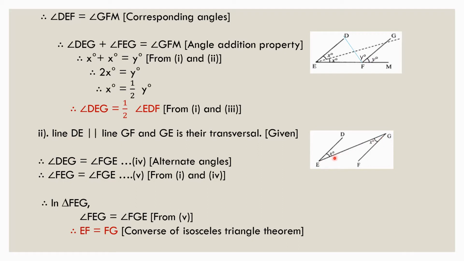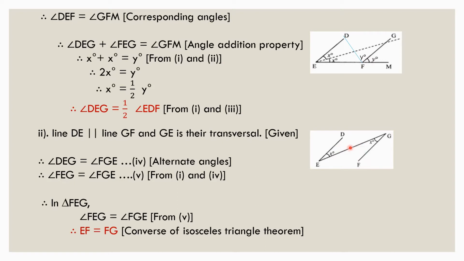Second one, line DE is parallel to line GF and EG is the transversal. Therefore, what about the angle DEG and angle FGE? Angle DEG and angle FGE are the alternate angles. Alternate angles are congruent, that means alternate angles are equal.